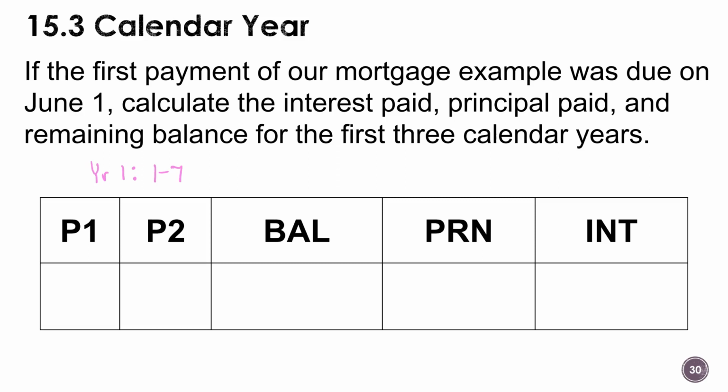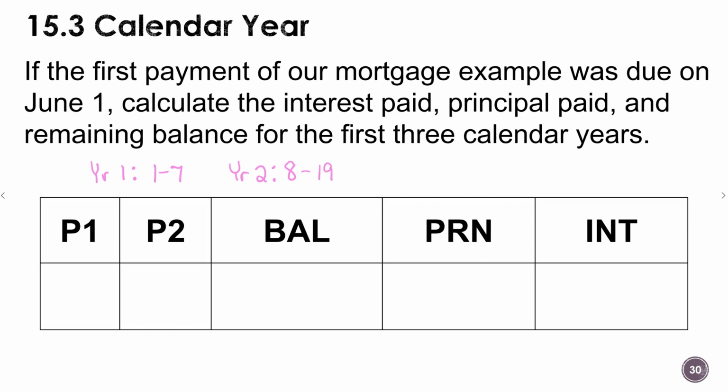I'm just going to do this the long way to show you. Year 2 then starts with payment 8. You can count this also, just count it all the way up on your fingers. Count 12 months starting with 8: 8, 9, 10, 11, 12, and so on. And you're going to find that the second calendar year is payment 8 through 19.